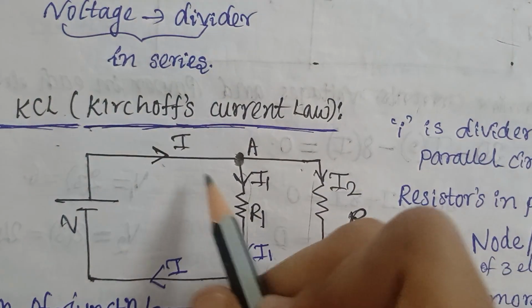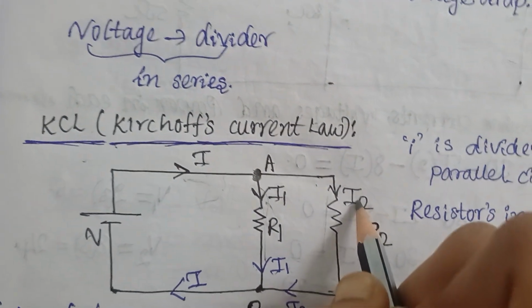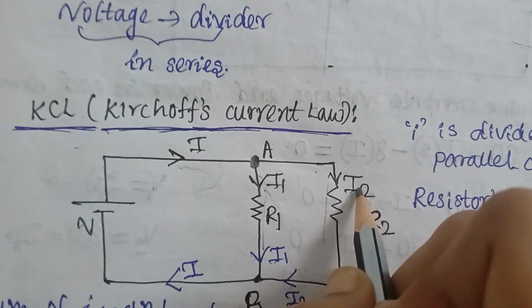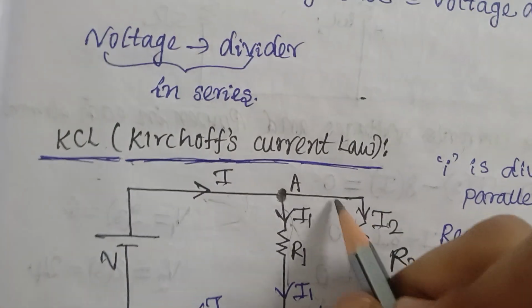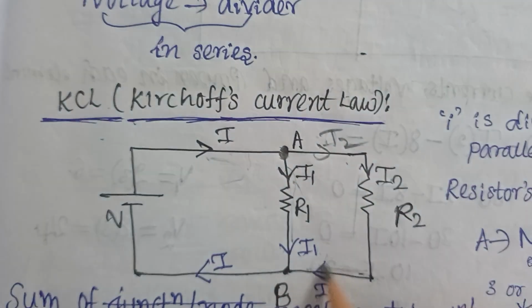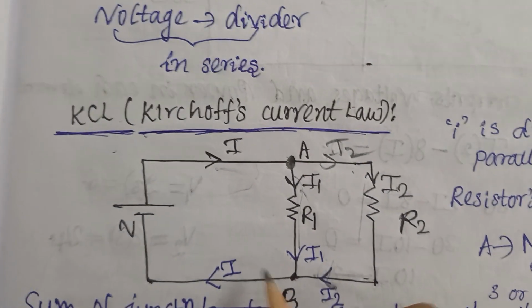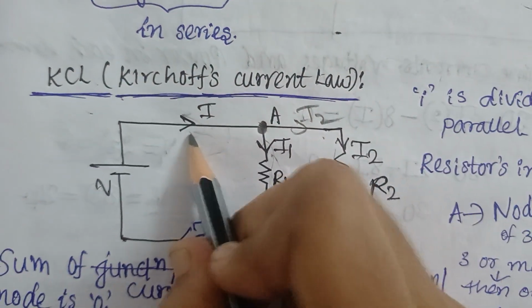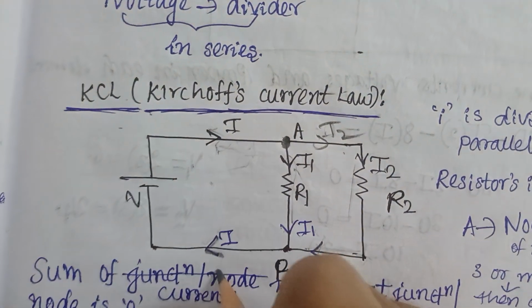So let us suppose this as I, this current as I1 and this current as I2. Always remember that the same I2 current flows here. I2 is in this direction, and whenever you come to here, it will be in the opposite direction, and here your I is in this direction, so whenever you come to here, your I will be in the opposite direction to that.